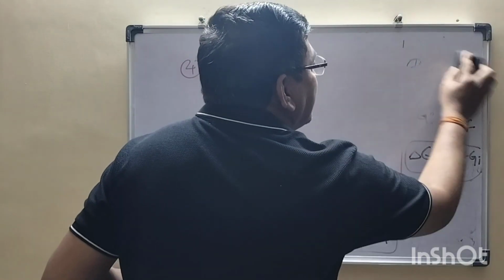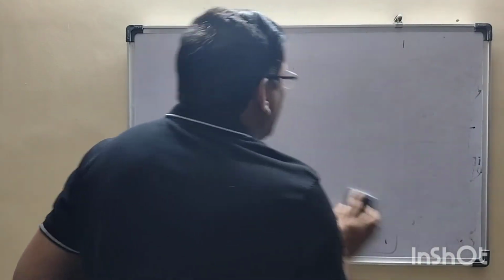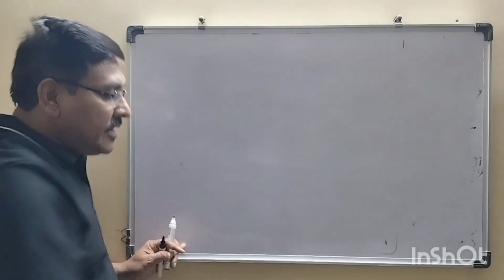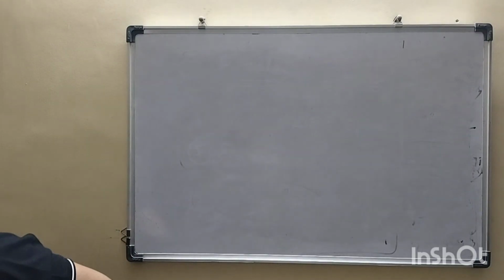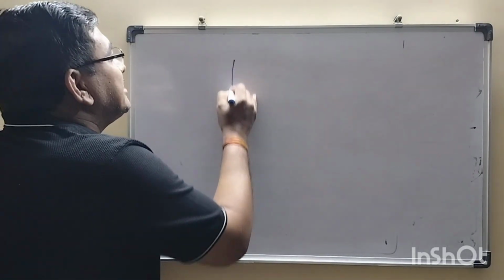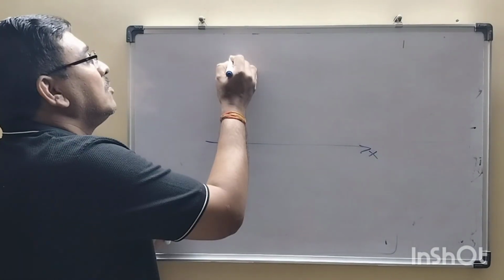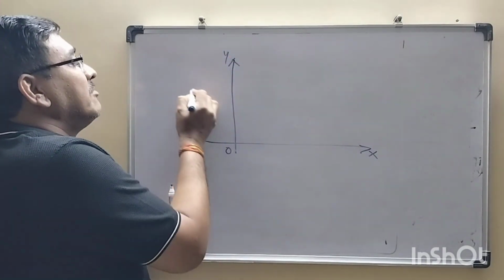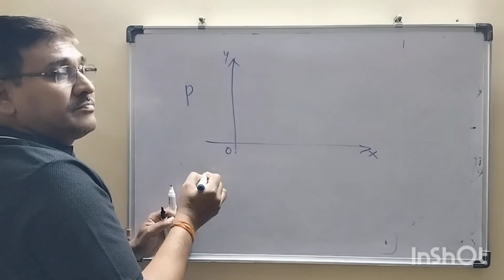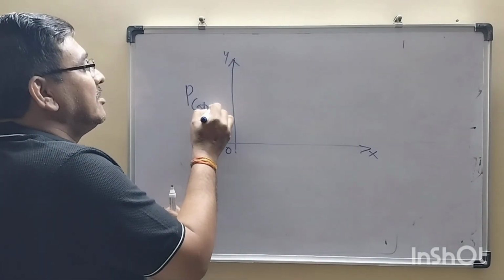I take the pressure versus volume graph. This is the x-axis, origin, and y-axis. On the y-axis, pressure in atmospheres.